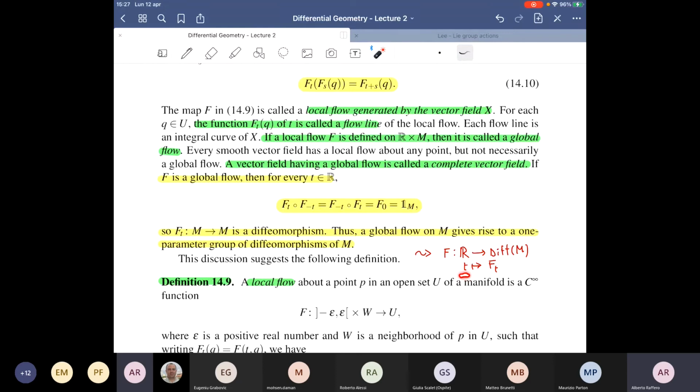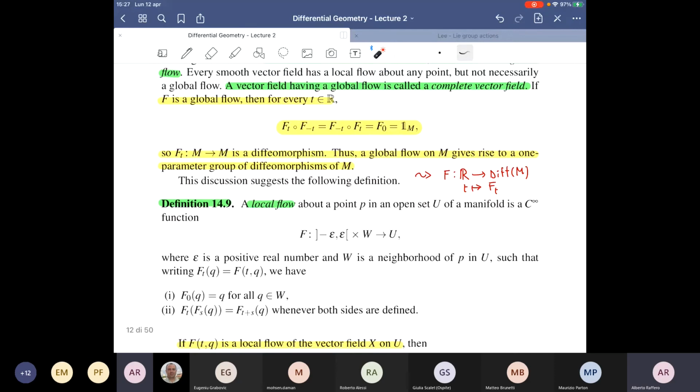You just consider the time t and send it to the diffeomorphism of the manifold given by f of t. The image of a point will be just the integral curve of the vector field starting at the point you are considering, at the time t.